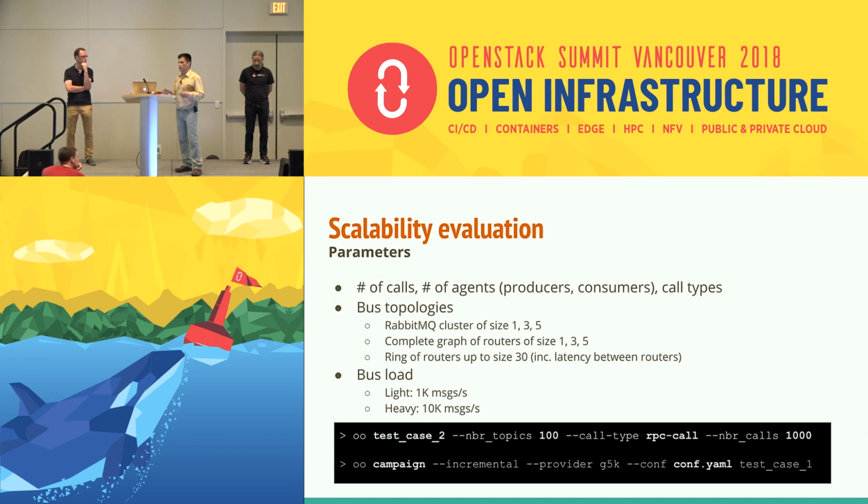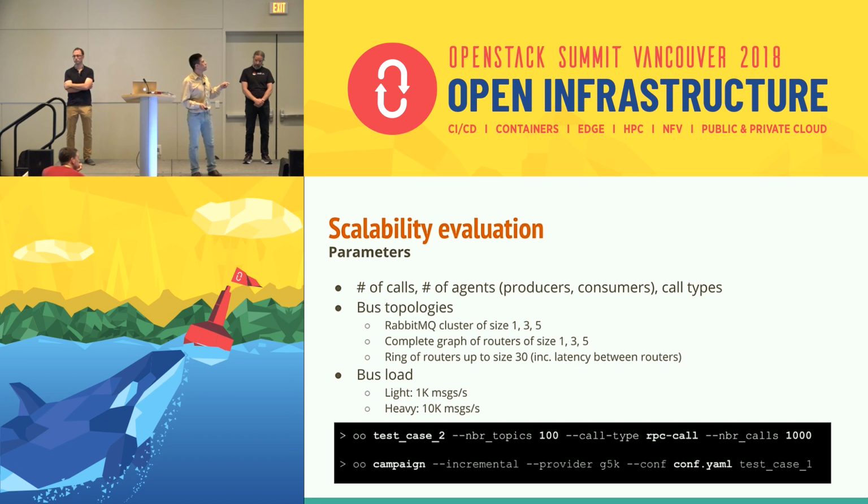For that, we have a specific setup where we define several parameters, including the number of calls, agents, producers and consumers, and the call types. 2 parameters are particularly interesting here.